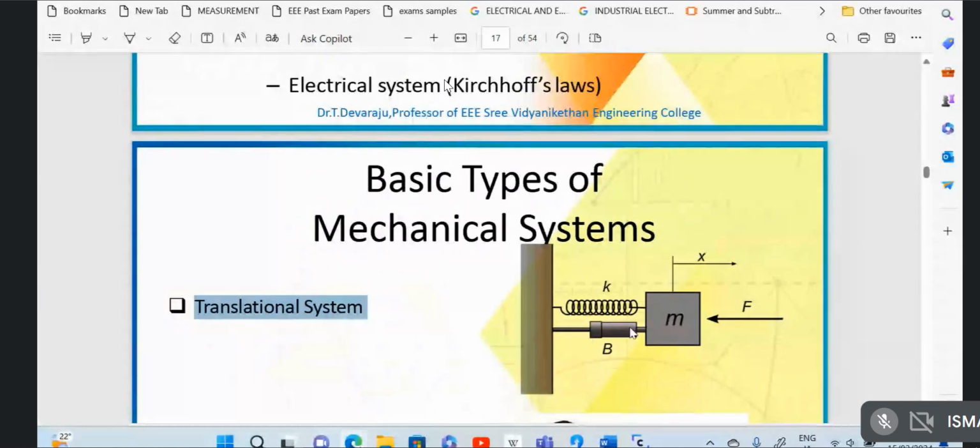This is like a vehicle that has a spring, the spring of the vehicle, and the shock absorber, then the vehicle itself, the mass. So when this force is applied, everything there has to come into effect as control components.